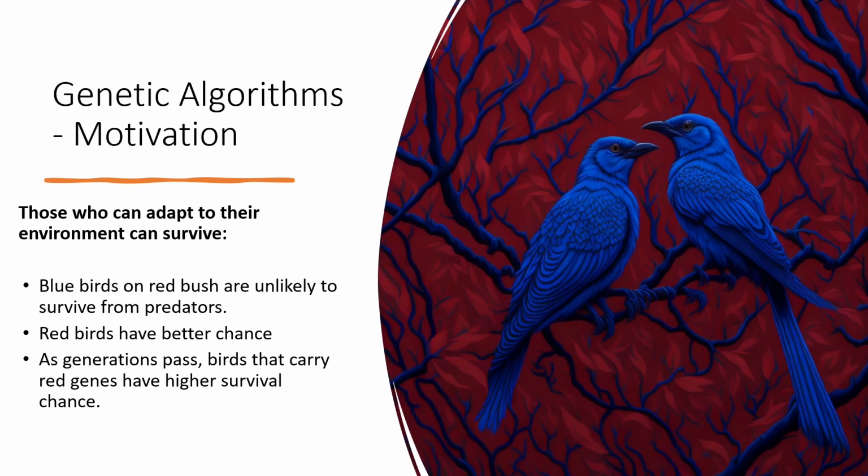Therefore, red birds have a better chance for survival. That's what evolution says basically. As generations pass, birds that carry red genes have a higher survival chance. That's the adaptation part of the genetic algorithms.